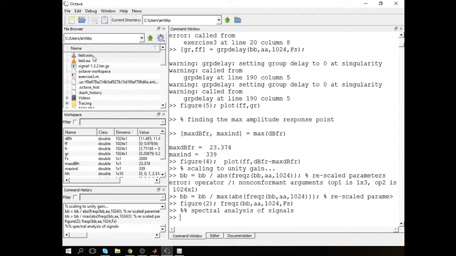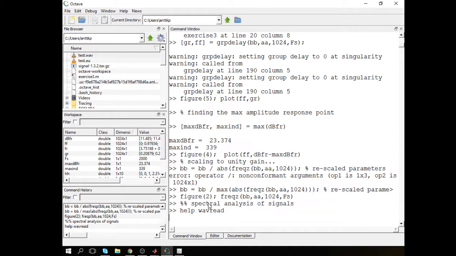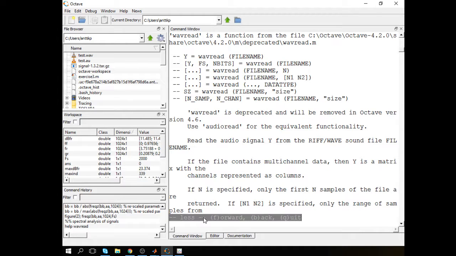I have no idea what this test.wave is here, but I will find out. Help. Wave read. Okay, input Y and FS.